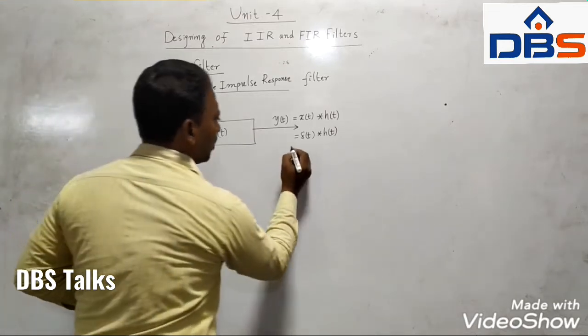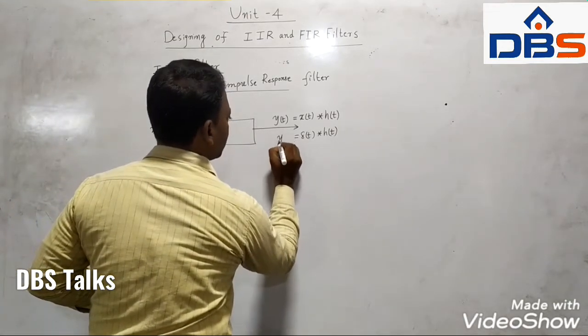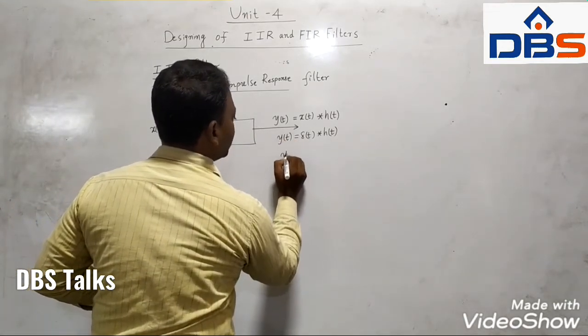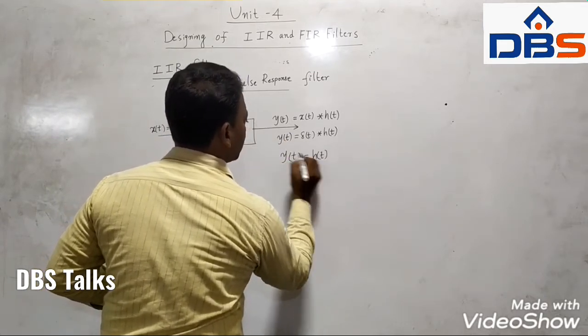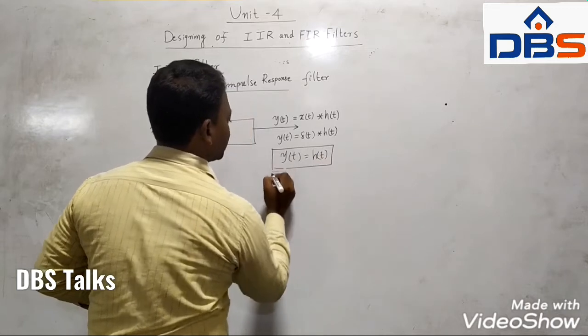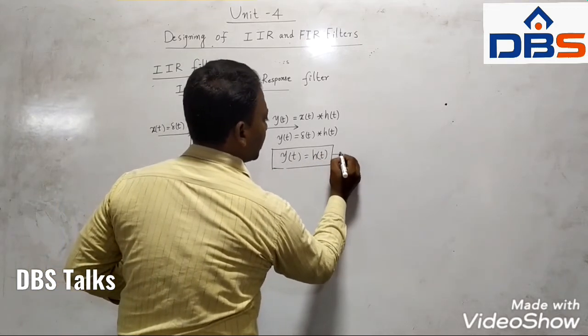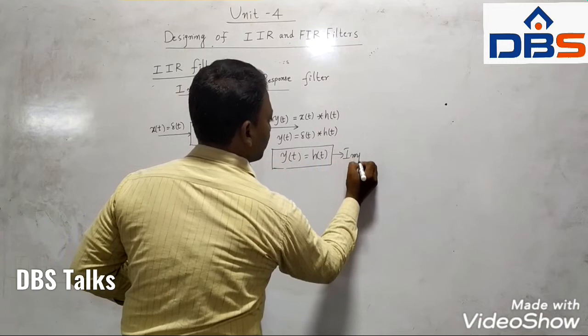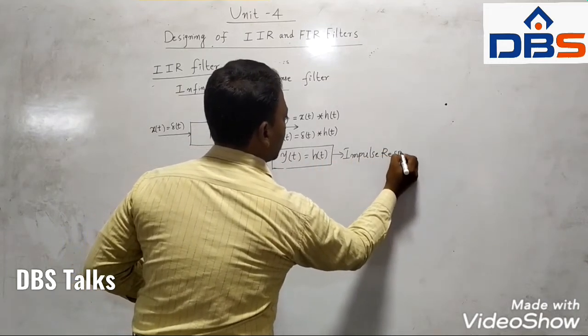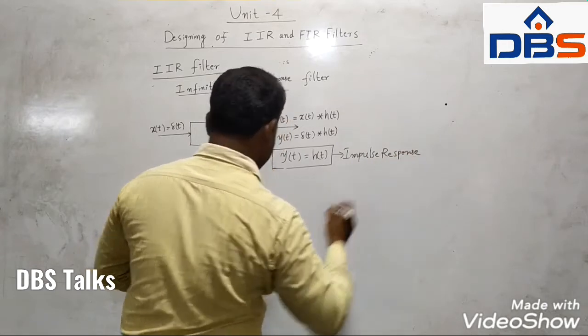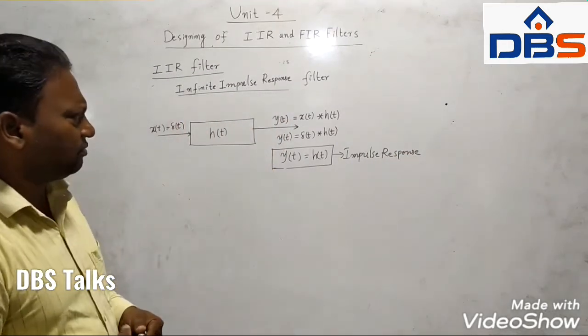So y of t is equal to h of t. As we know, this response is called the impulse response of the system.